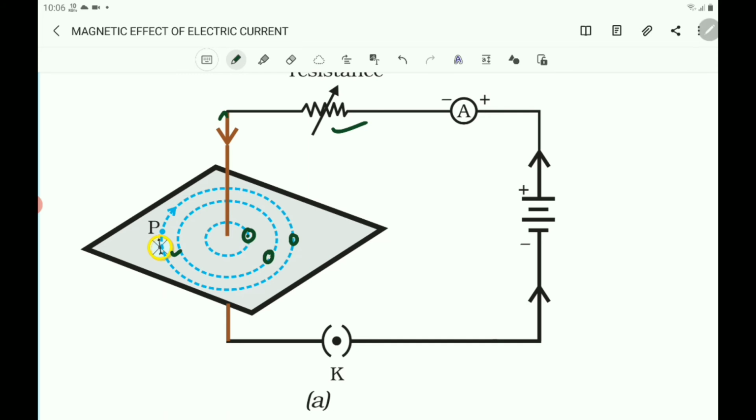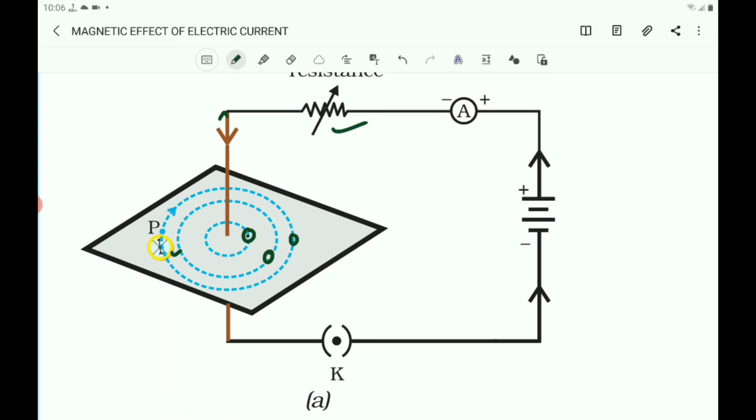When it is nearer to the copper wire, the deflection will be more. When you move it away from the copper wire, the deflection goes on decreasing. So we place the compass needle at a farther point from the conducting wire, keeping the current in the wire unchanged. We see that the deflection of the compass needle decreases.